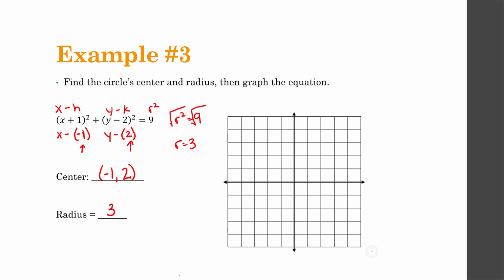Start with your center, negative 1, 2, and a radius of 3. So up 3, down 3, left 3, right 3. And now just connect the dots on the outside. There's a circle.